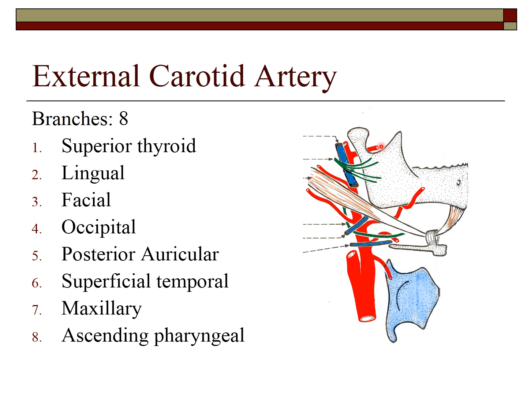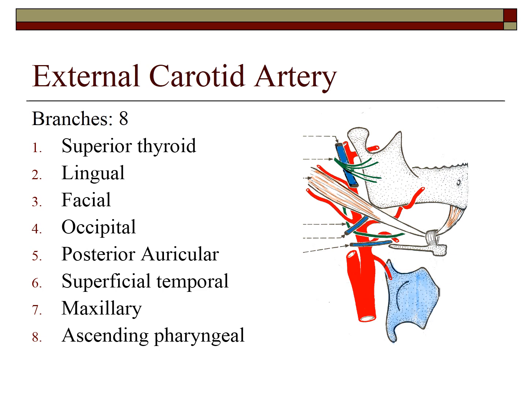So we have 8 branches from the external carotid artery. 3 from the anterior aspect, superior thyroid, lingual, facial. 2 from the posterior aspect, occipital, posterior auricular. 2 terminal branches, superficial temporal, maxillary, and 1 from the medial side, ascending pharyngeal.